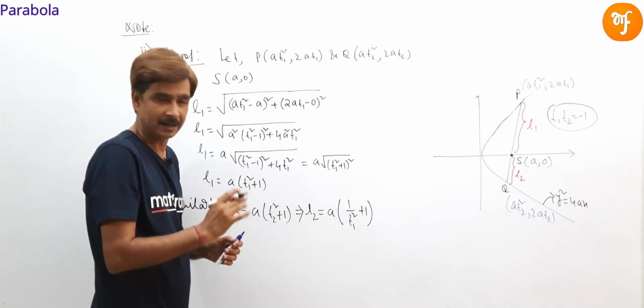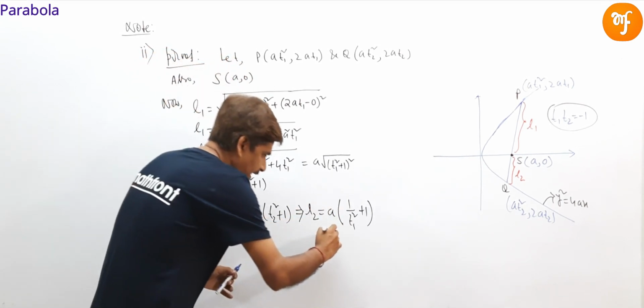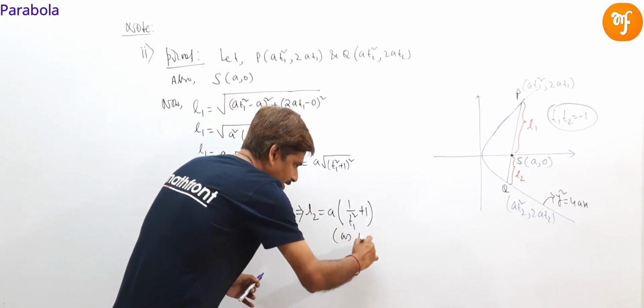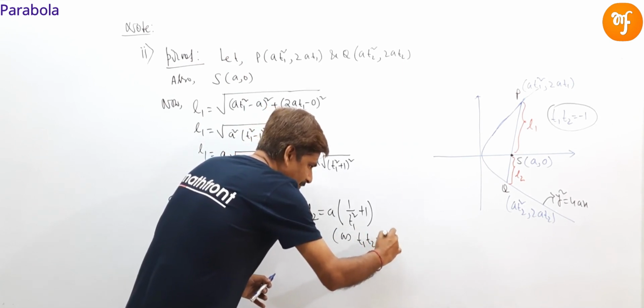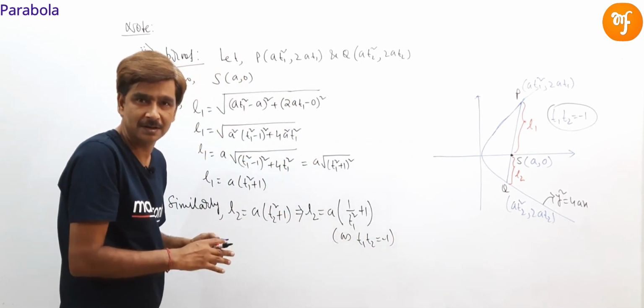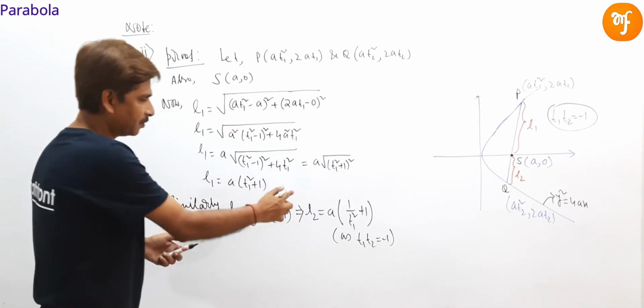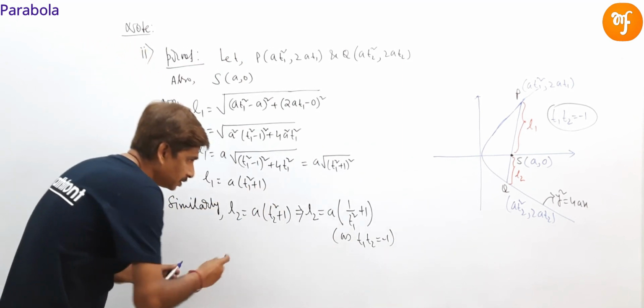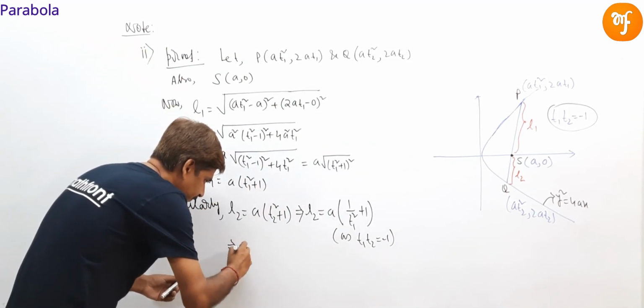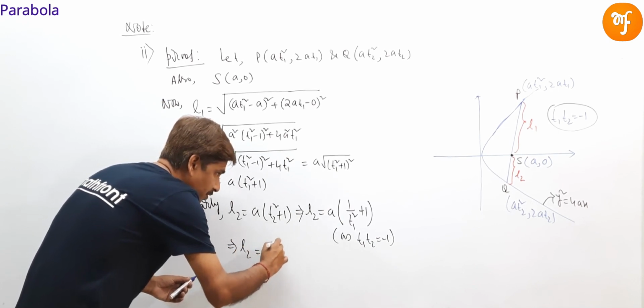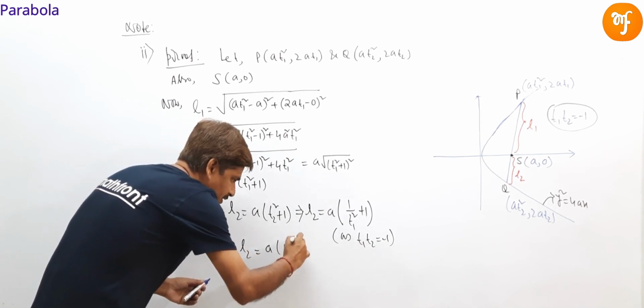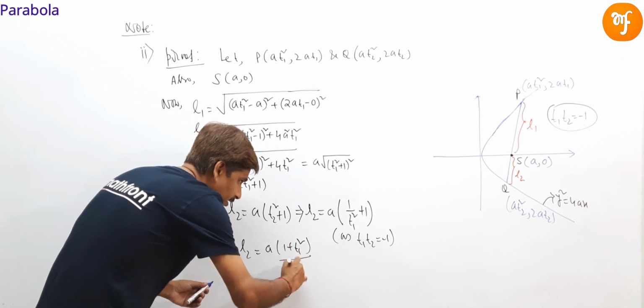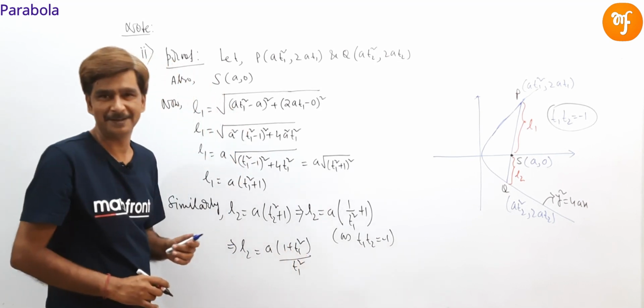Okay, clear? Why do we write this? As t1 into t2 becomes minus 1. So using this trick, what is the value of L2 we get? A into (1 plus t1 square) divided by t1 square.